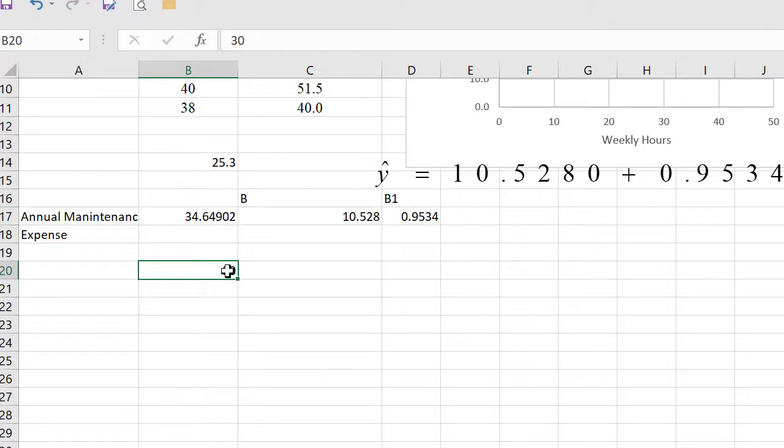So the question is, if 30 is equal to 10.528 plus 9.534 times X, what is X? X is going to tell me the weekly usage hours that it takes to use up this $3,000 per year. So we need to solve for X.